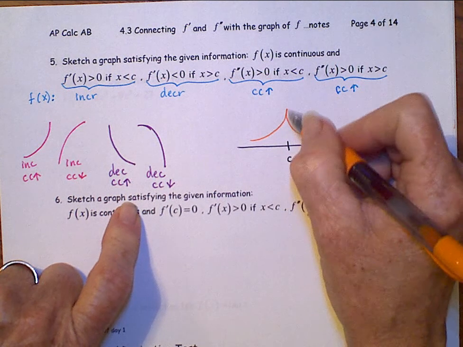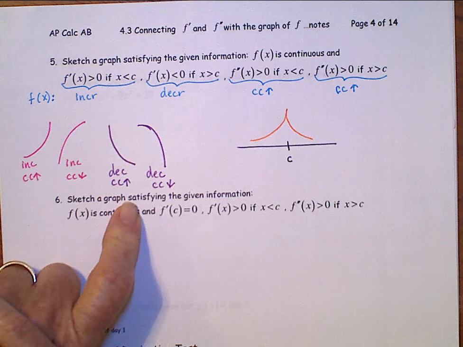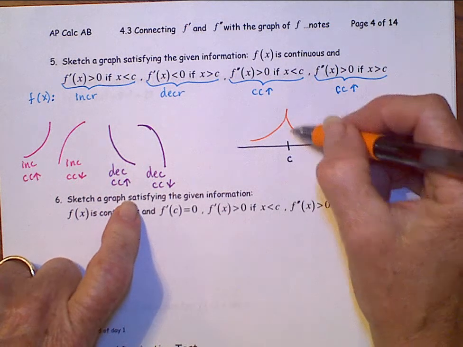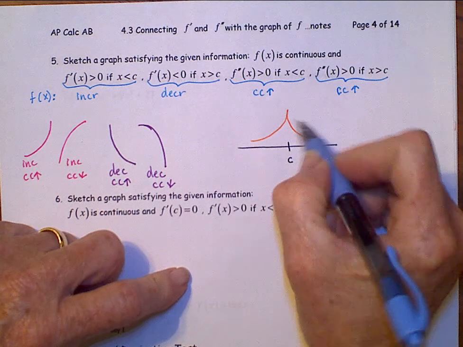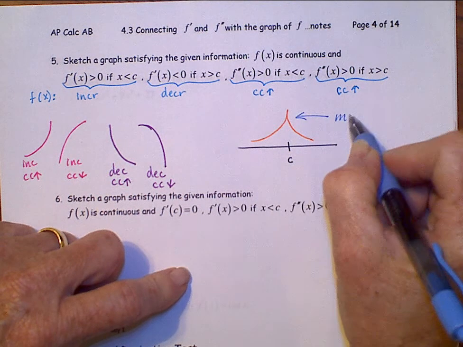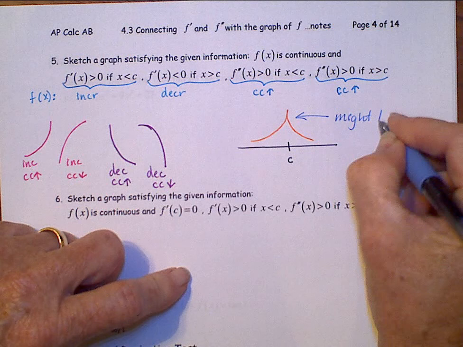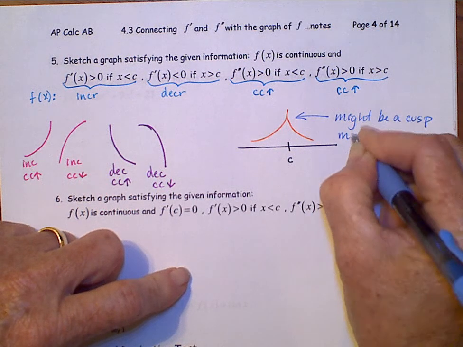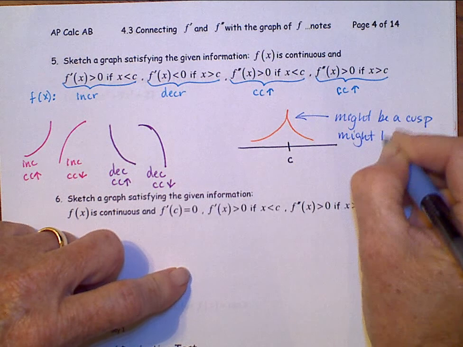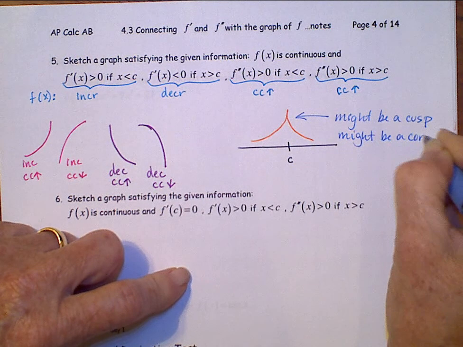I've drawn it kind of cusp-ish, but I could have drawn it more like a corner. We don't know. Might be a corner, might be a cusp. Not really sure.